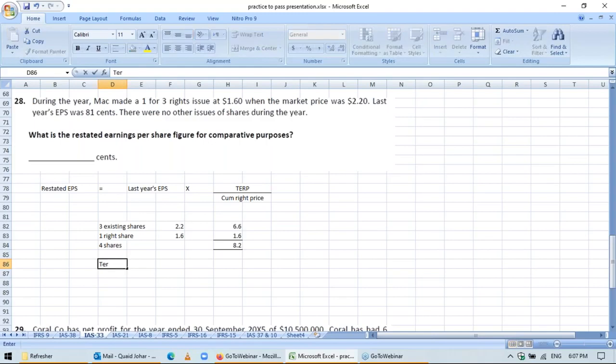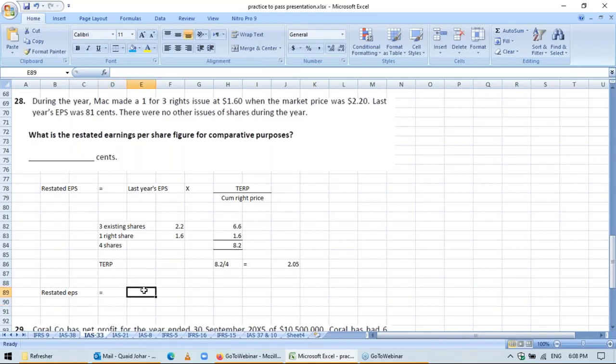So total shares now are 4 and 8.2 is the value. So the theoretical ex-right price is equal to 8.2 divided by 4. This makes 2.05. So now the adjustment fraction for the restated EPS will be taken upside down.